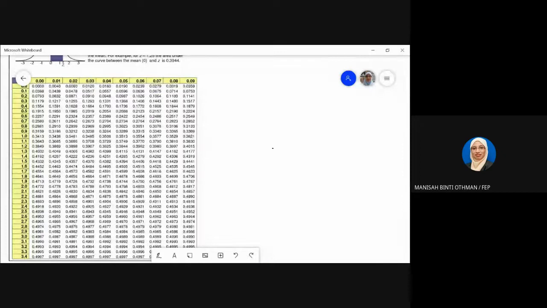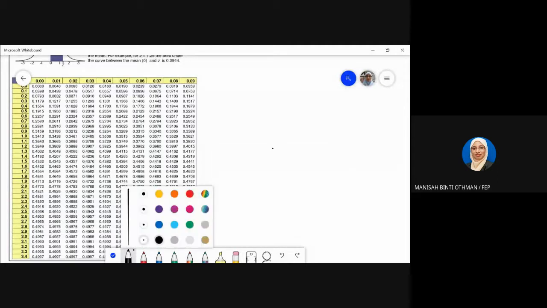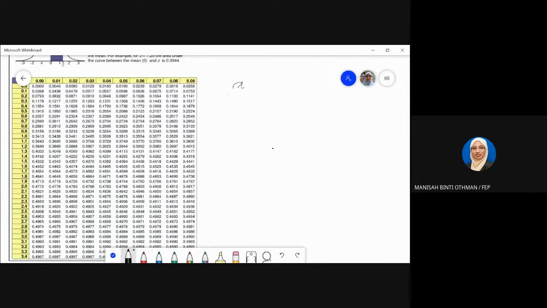Okay, so let's say we have an alpha value of 0.05, but only one tail.